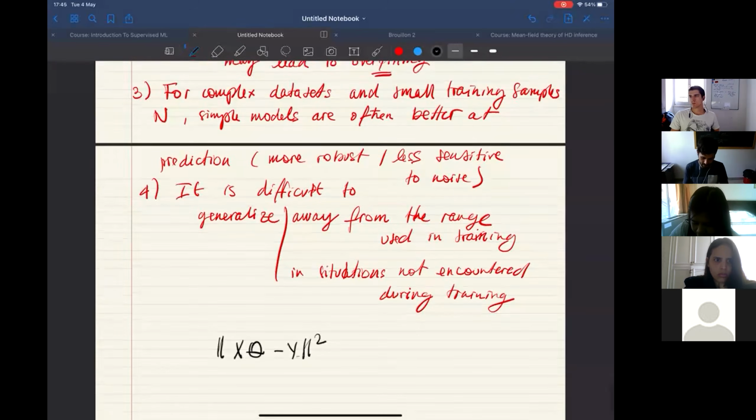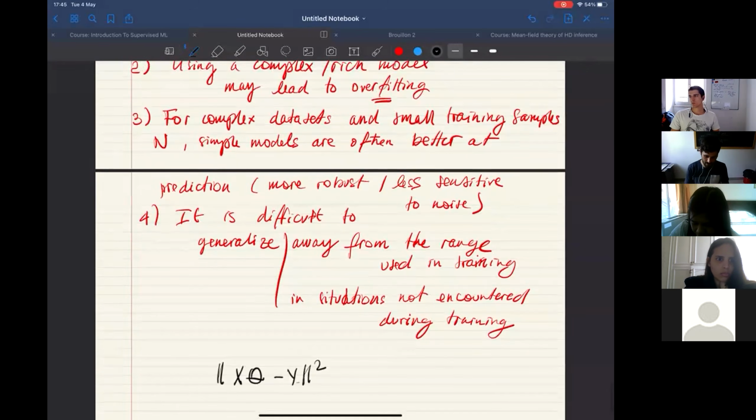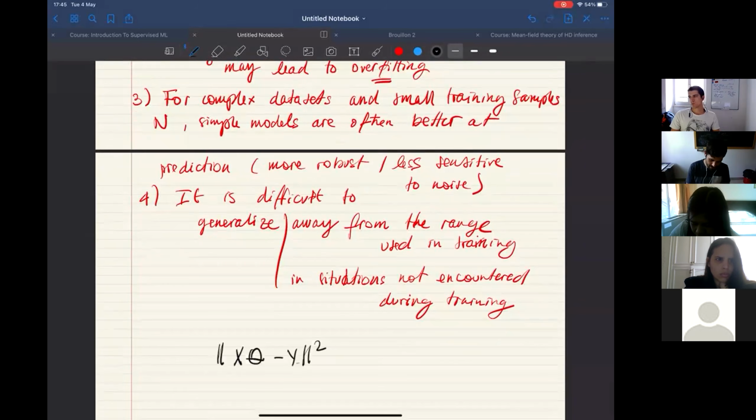But actually, it's very simple to capture, because you can think of this quadratic cost: if you are minimizing that, it is essentially the same as maximizing a probability of this form, which is proportional to an exponential with an L2 norm difference between your linear model and the labels.